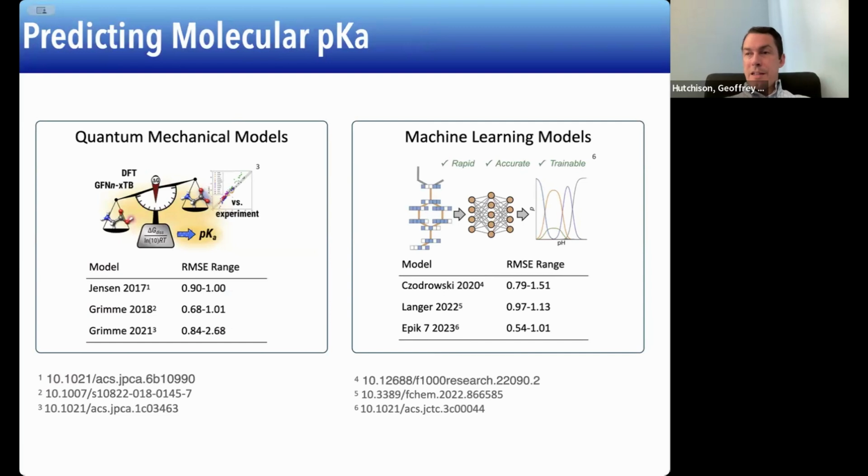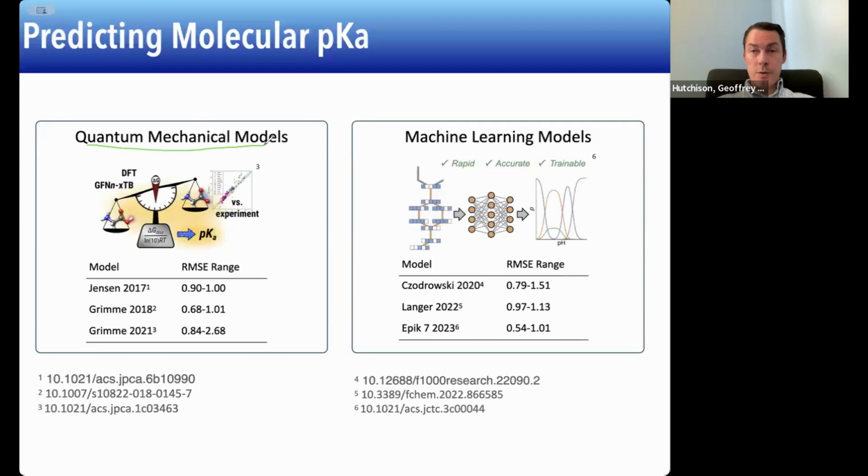So that centers around predicting molecular pKa, which is, of course, an important property for understanding the degradation of molecules, environmental stability, drug discovery, right? What is it, the relevant protonation state in the body? And work on this has generally centered around two types of models, right?